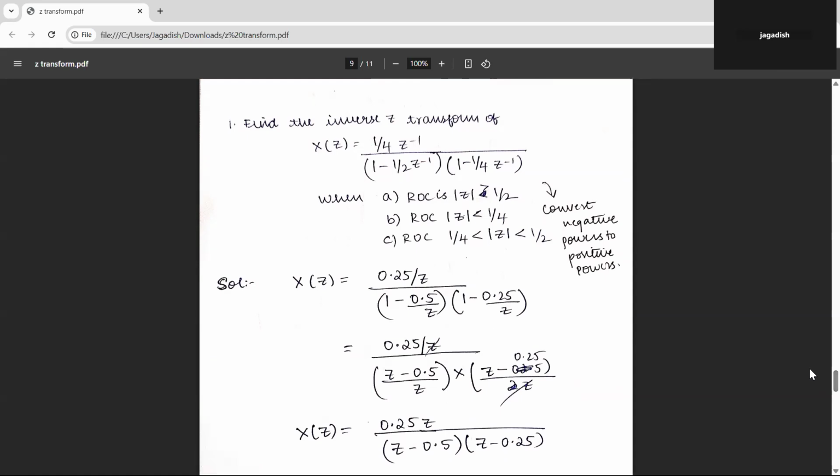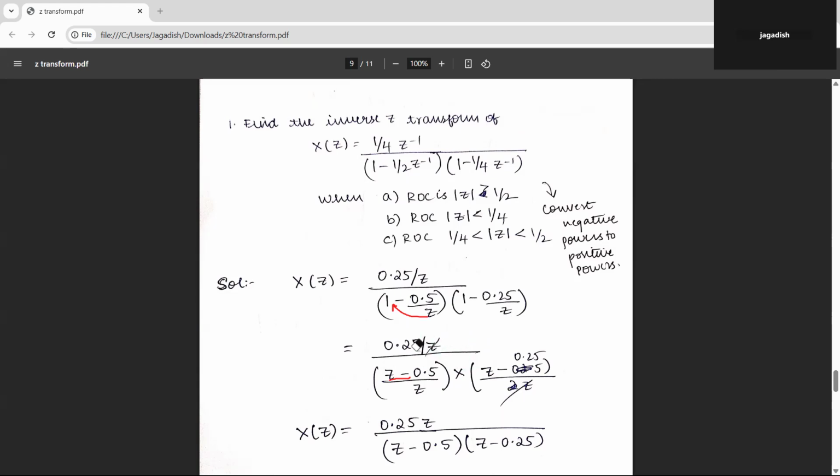Okay. The next step, you have to take the LCM of this. So Z minus 0.5 divided by Z into Z minus 0.25 divided by Z. The Z in the numerator will not cancel. Sorry.